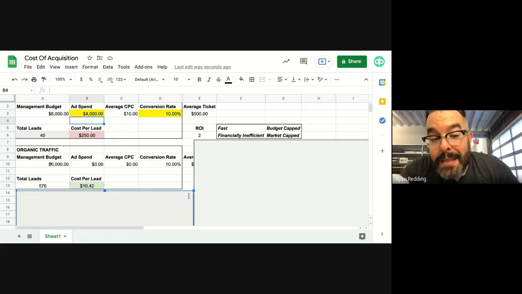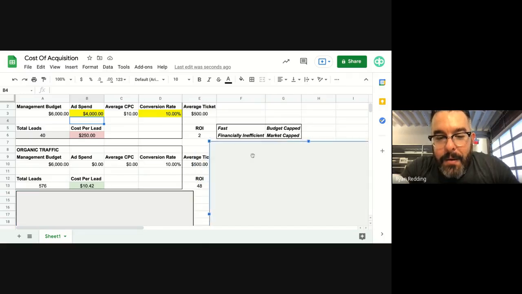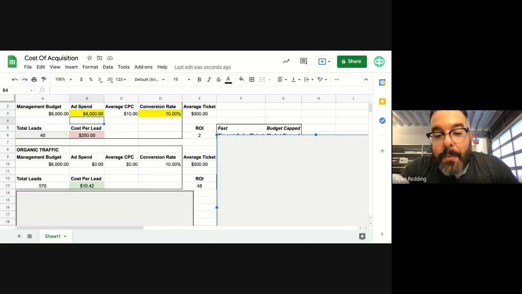And if we look at these side by side again over here, if your average ticket was the same, if you have a $500 average ticket using organic traffic, your ROI will be 48 to 1. This is an actual client of ours. This isn't a made-up example. This is an actual client who has a 48 to 1 return. It means for every $1 they give us, we give them $48 when you run this math. It is extremely, extremely effective.